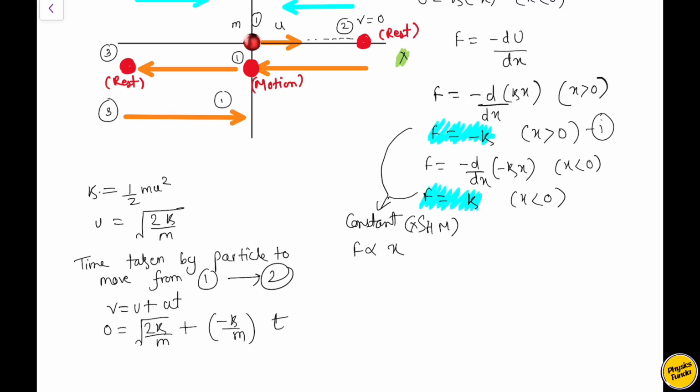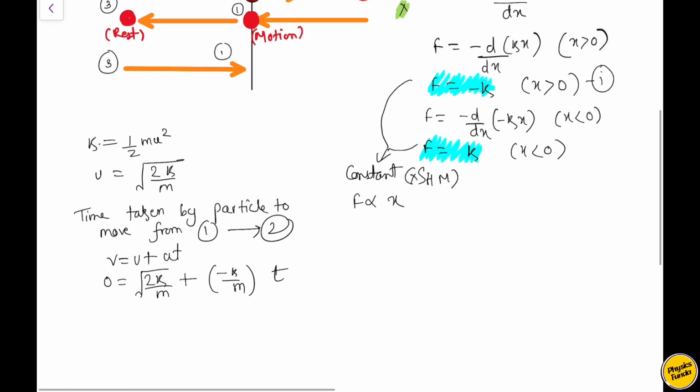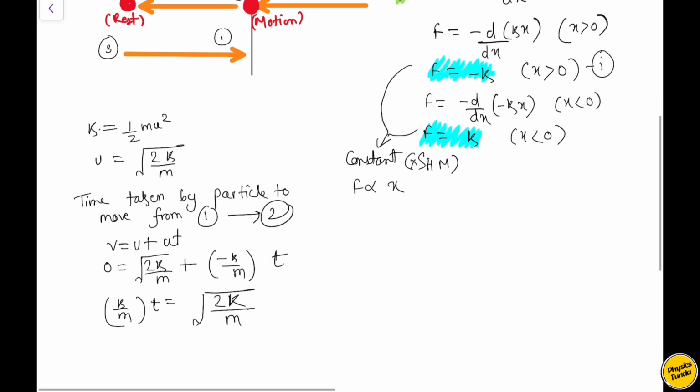So here, this k is my small k, okay? Be careful about this. And this capital K is my kinetic energy, okay? So this can be written as small k upon m times t equals square root of 2 times capital K upon m, right?